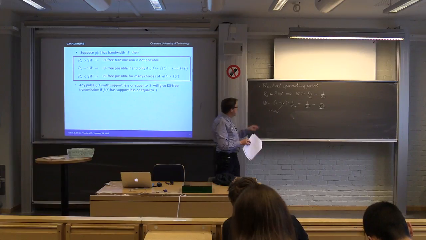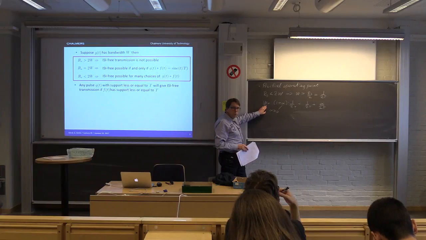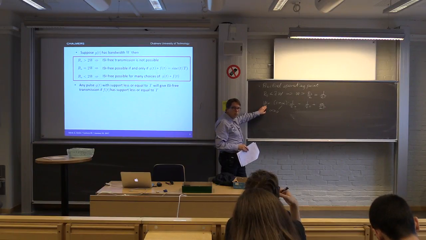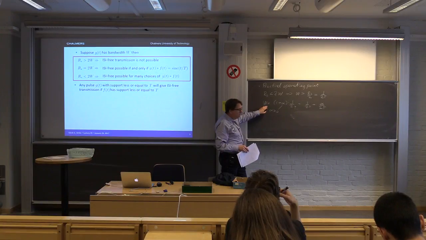The reason for doing this is that W, the bandwidth we use, would be determined by the symbol rate we are working with. Or the other way around, if we have a fixed bandwidth, that would determine the symbol rate, which is maybe the more practical case.